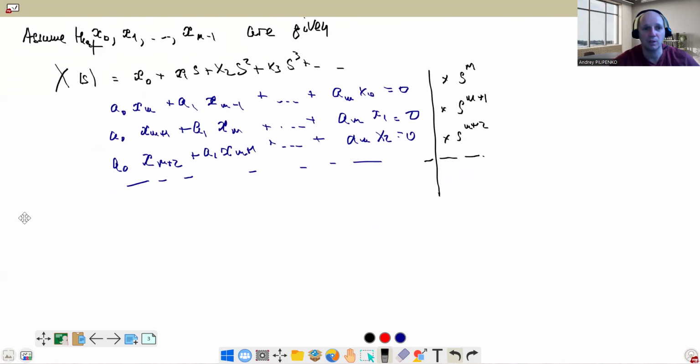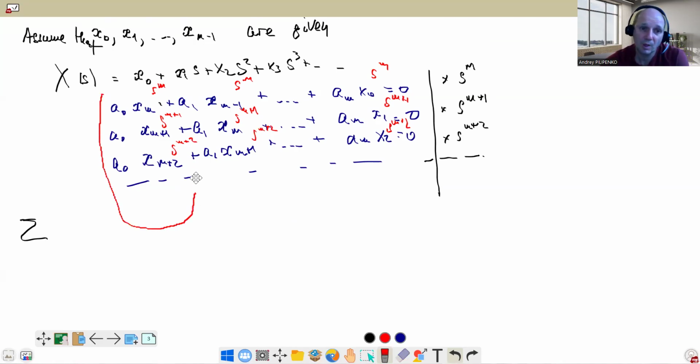So let us calculate this. The first column is multiplied by s^m, s^m, s^m, then s^{m+1}, and so on. And I also want to combine these terms, and these terms.